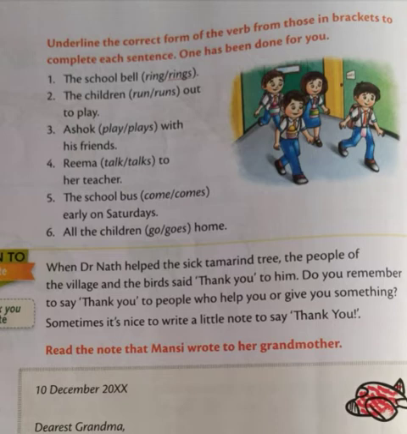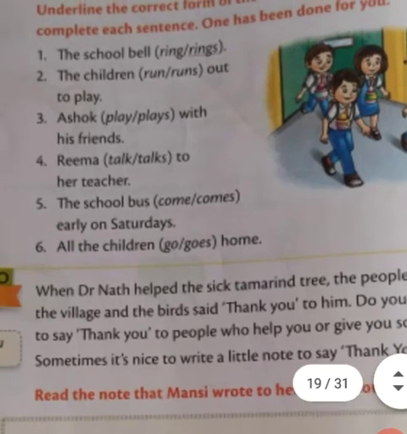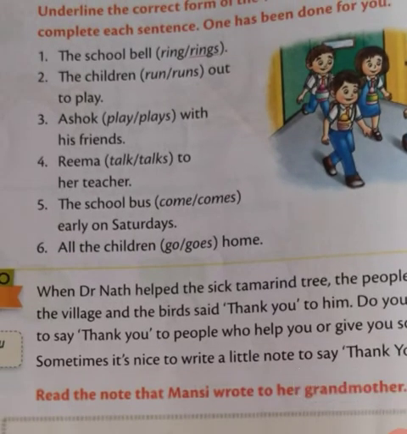See, the school bell rings or ring, and there is addition s, rings. So this one is solved for you. The correct answer is to underline which word? Rings.